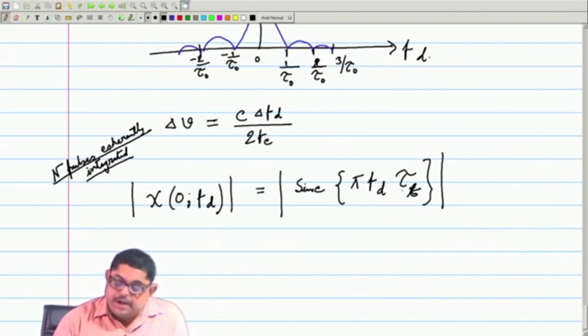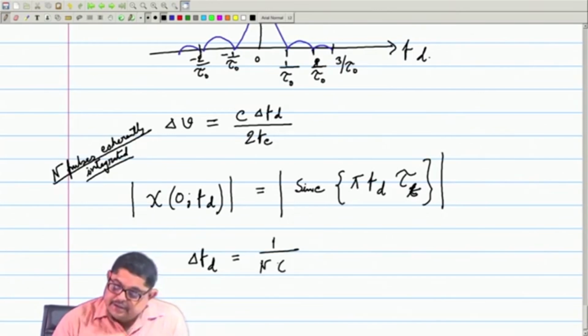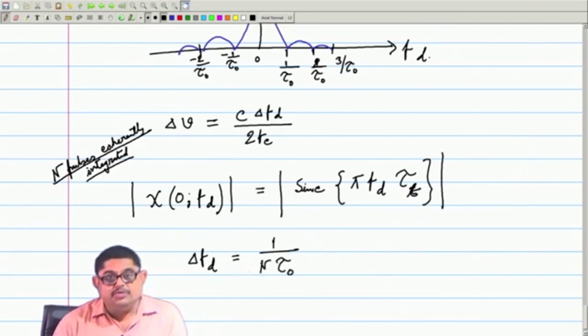The first null will be at 1 by tau t, and tau t is n into tau naught. So, the delta f d for this case, instead of tau naught, will be 1 by n tau naught. So, it will improve by a factor of n.